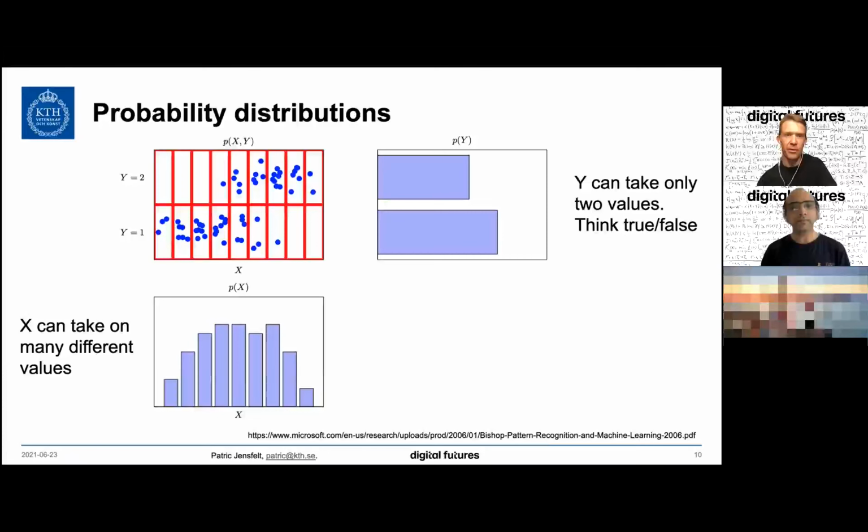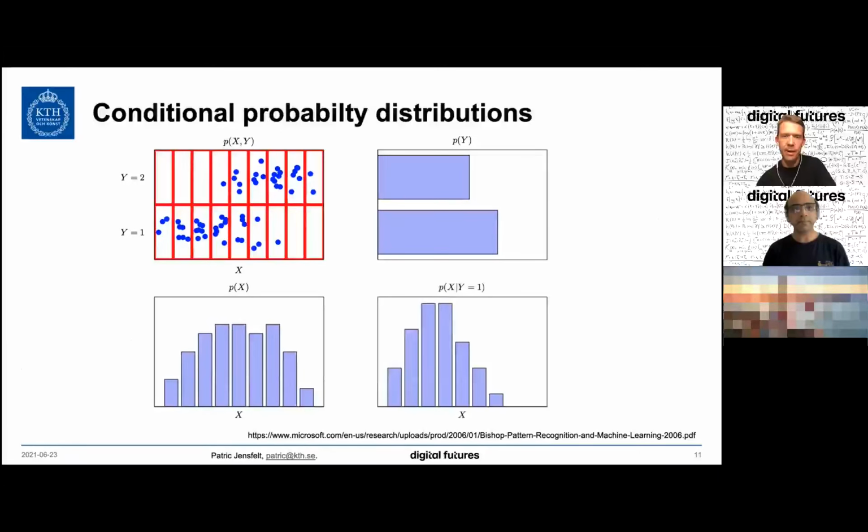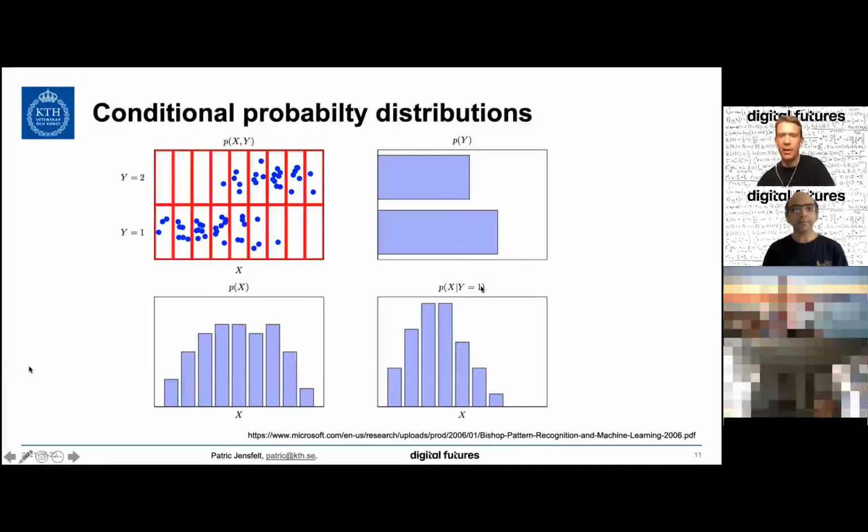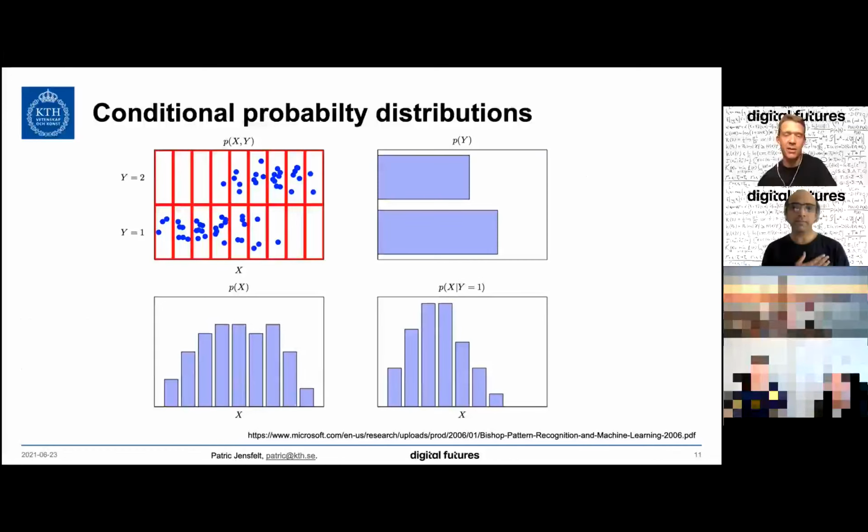All right, so we talked about conditional probabilities. And here we see the case where we know that y1 has happened or is true. This means that we're really focusing on this part of the distribution. So given that we know that y is 1, these blue dots represent the type of outcomes you would expect in that case.